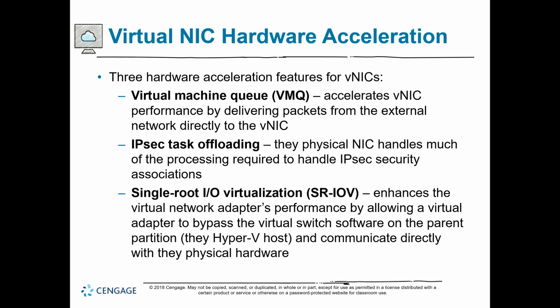And then there's single root IO virtualization, which enhances the virtual network adapter's performance by allowing a virtual adapter to bypass the virtual switch software on the parent partition, which is the Hyper-V host, and communicate directly with the physical hardware.